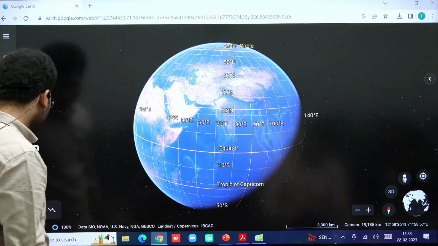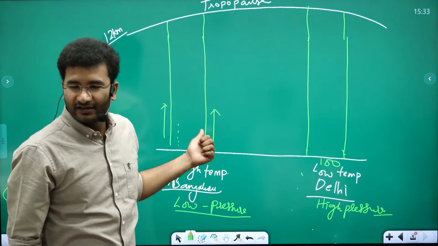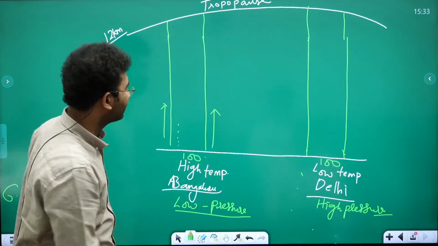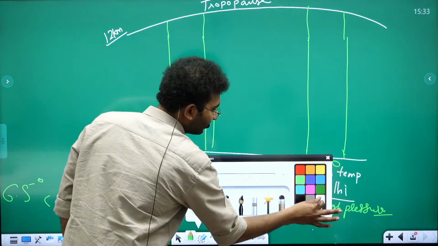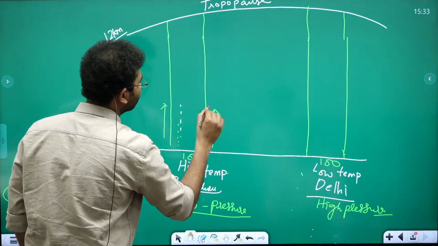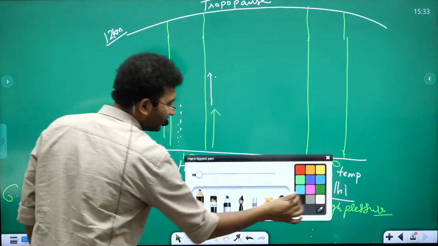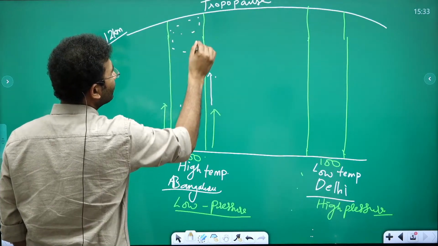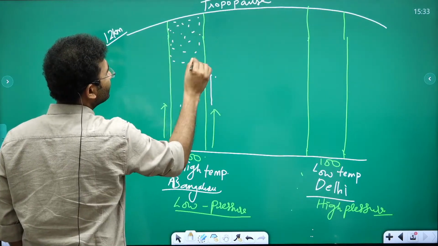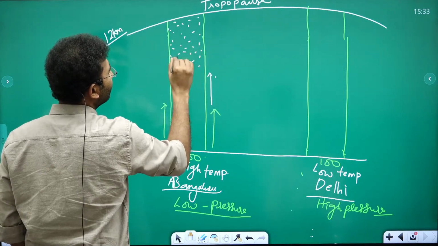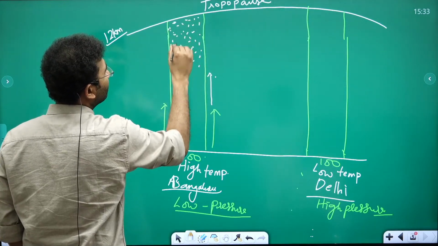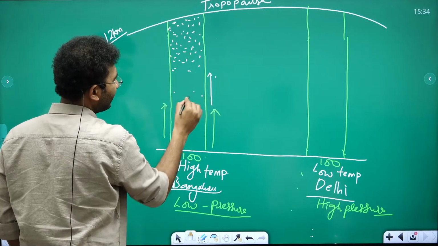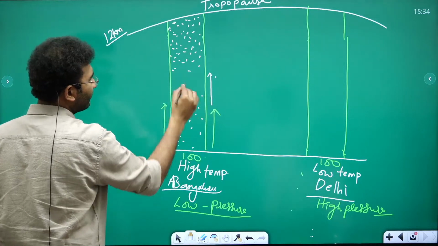Come back here. In this 100 units, usually in the low pressure system, what happens is that the air will start to rise. And you see, out of the total 100 units, in the low pressure system, most of the air is actually present near the tropopause, and there are fewer air molecules present at the lower end.